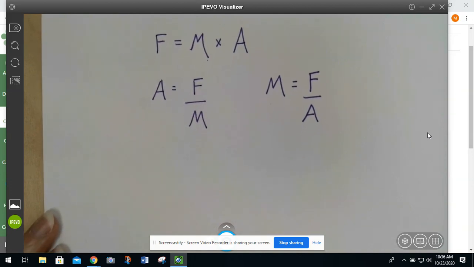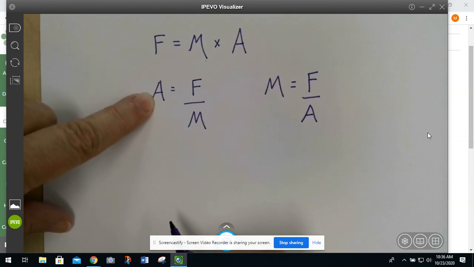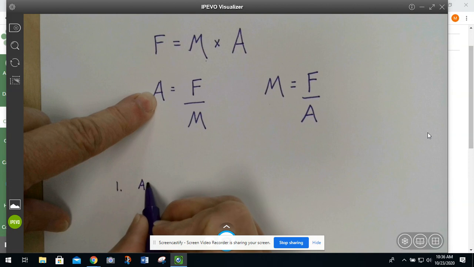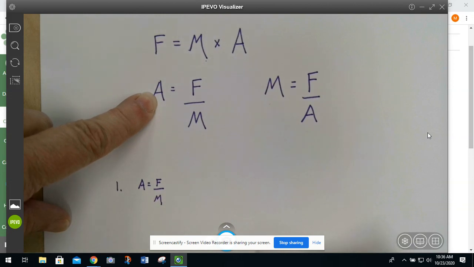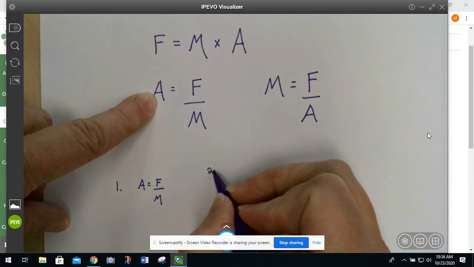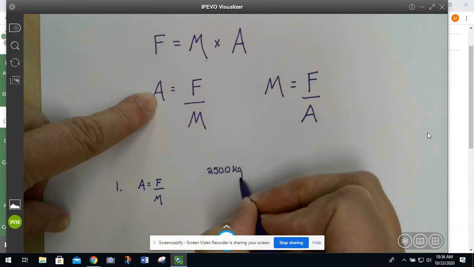So the first one says, what is the rate of acceleration? So immediately I know I need this equation. This is the equation I'll use. Of a 2,500 kilogram truck with a force of 4,200 newtons. Okay, well, I have some information. I have a 2,500 kilogram truck.